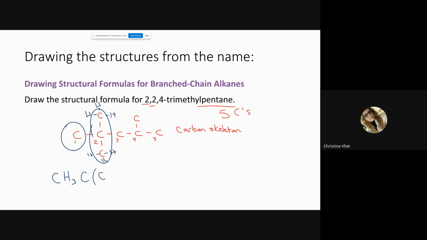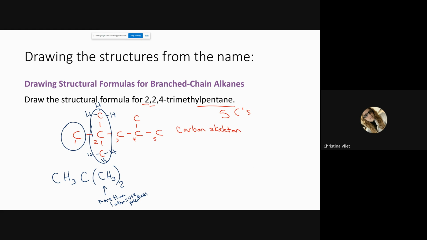So it's C, then CH3 in parentheses, what number was on the outside? 2 of them. So if you have more than 1 atom attached, you need to use parentheses to say that all of that is attached to that carbon. So that's what the parentheses indicate. You don't use parentheses for hydrogen because it's a single atom. You only use parentheses if it's more than 1 atom.